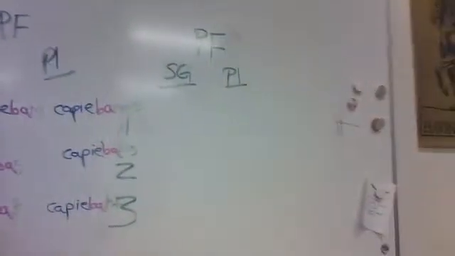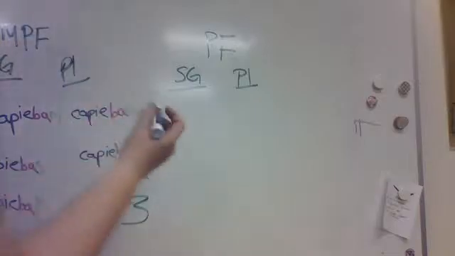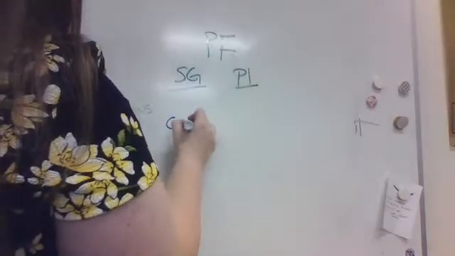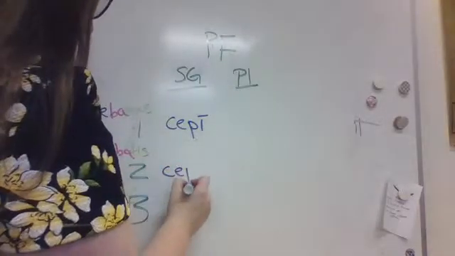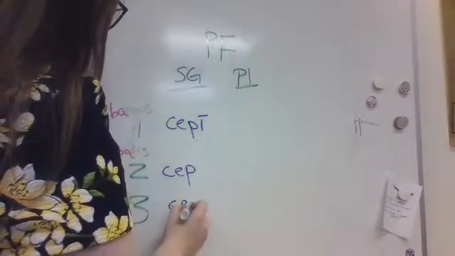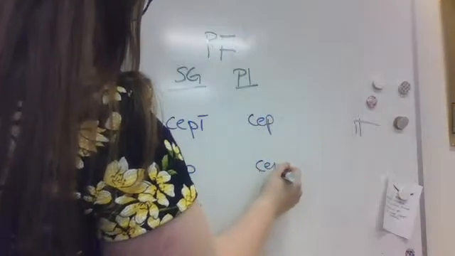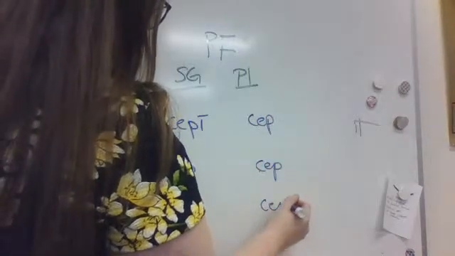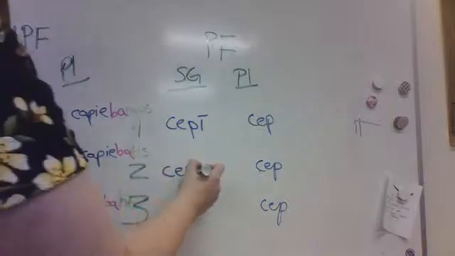And let's look at perfect. Again, take the third part of the verb. Then we need to take the I off to get our stem. And then we just need to add our endings.